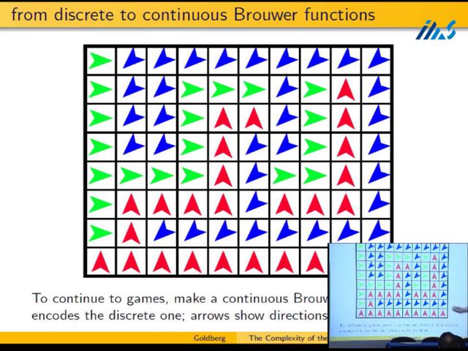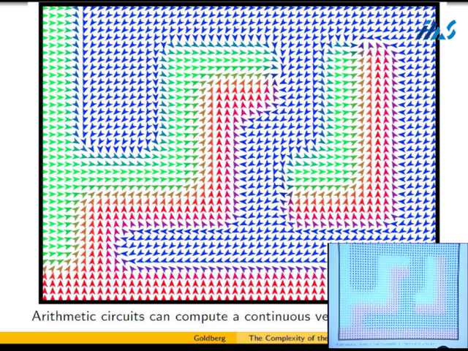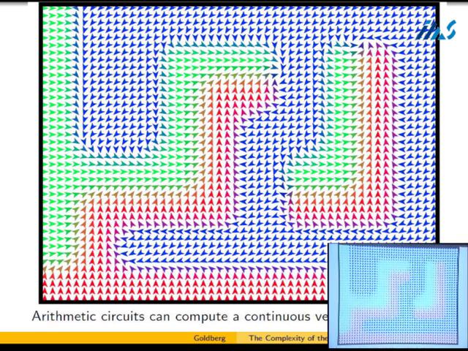Right, so we're going to make a continuous function that encodes the discrete Brouwer function. What we have to do then is to interpolate smoothly at the places where the different colours meet each other to ensure that we really have a continuous function. The thing to notice about this diagram is that where 2 different colours meet, we can interpolate smoothly between them; the arrows can change direction in a nice continuous way.